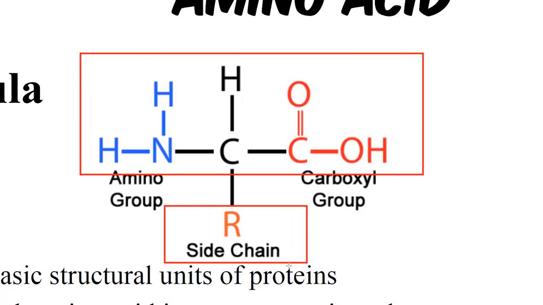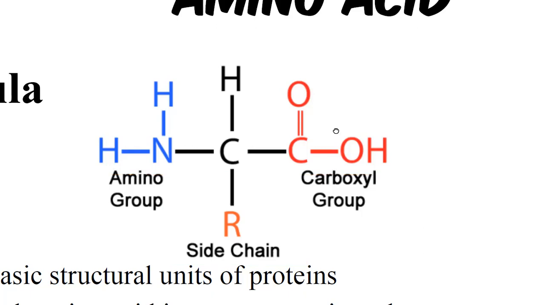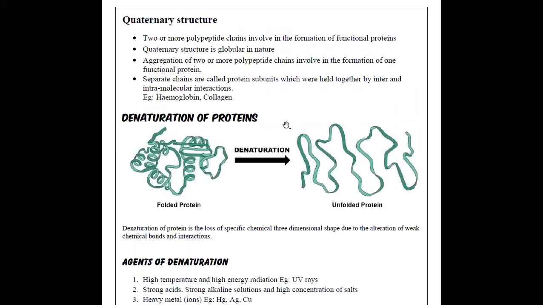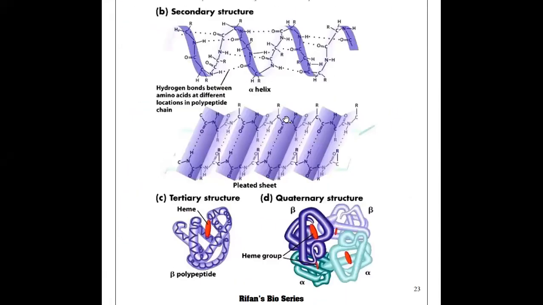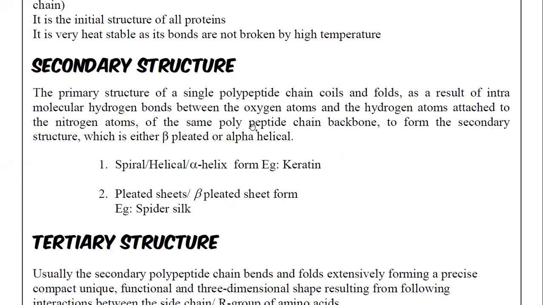Backbone and side chain. You might think suddenly why I am telling you this. The reason is, in making that hydrogen bond, the hydrogen bond is made with the contribution of the backbone.